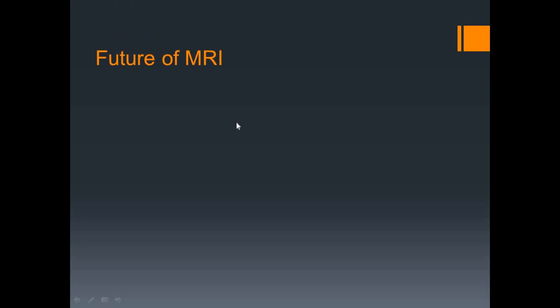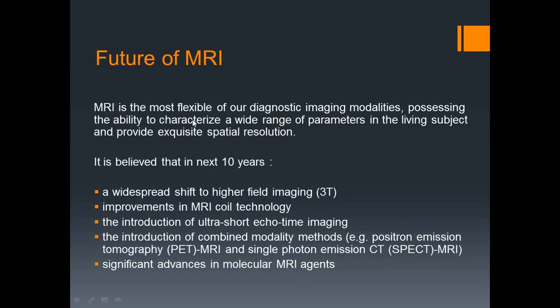Future of MRI. MRI is the most flexible of our diagnostic imaging modalities, possessing the ability to characterize a wide range of parameters in the living subject and provide exquisite spatial resolution.